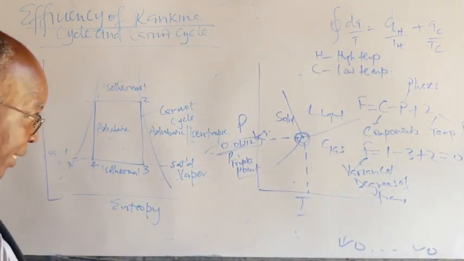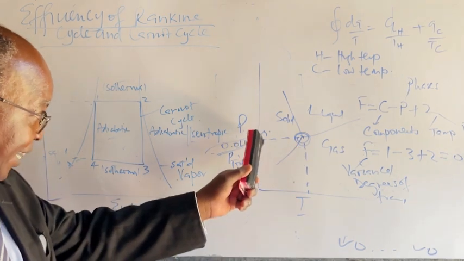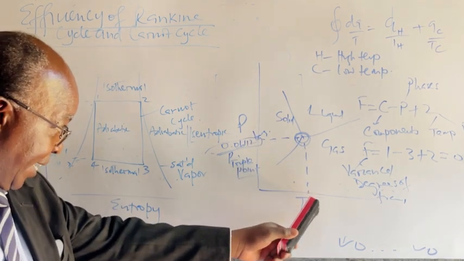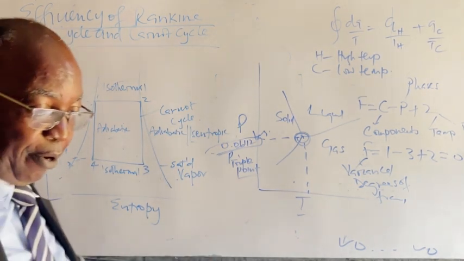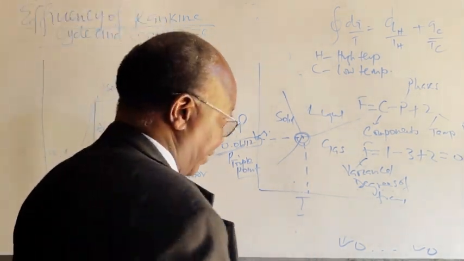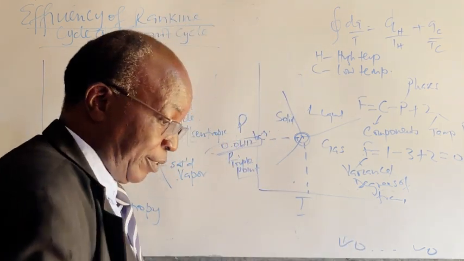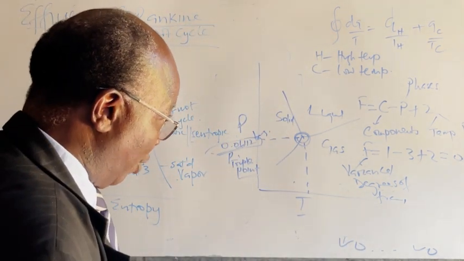So what does that mean? It means when you're at the triple point, you have no choice. The pressure is that, and the temperature is that. And that's why the triple point is used as a reference point in some temperature measurements. It serves as a reference point significantly because it's invariant. The degrees of freedom is 0.